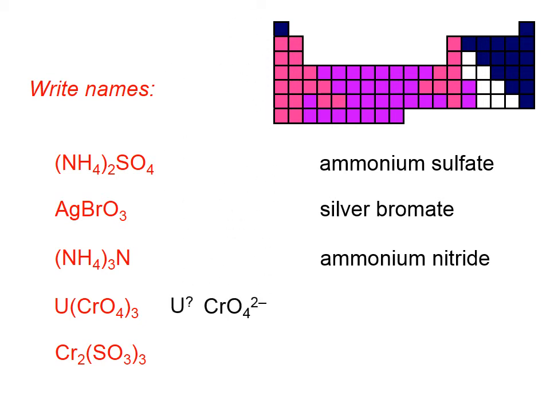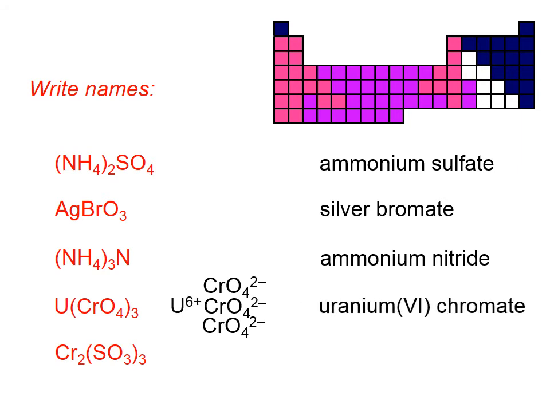That's called the chromate ion. My students are supposed to have that one memorized, and the formula shows 3 of those ions, which counts up to a total net negative charge of 6, which means that one uranium must be worth positive 6. Therefore, the name of this one is going to be uranium 6 chromate.